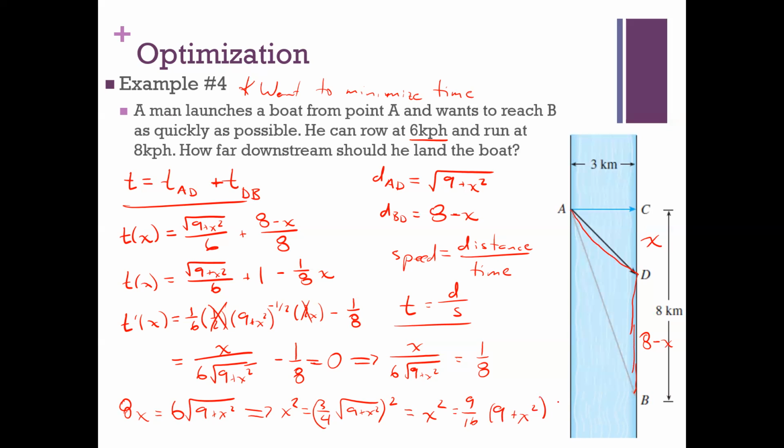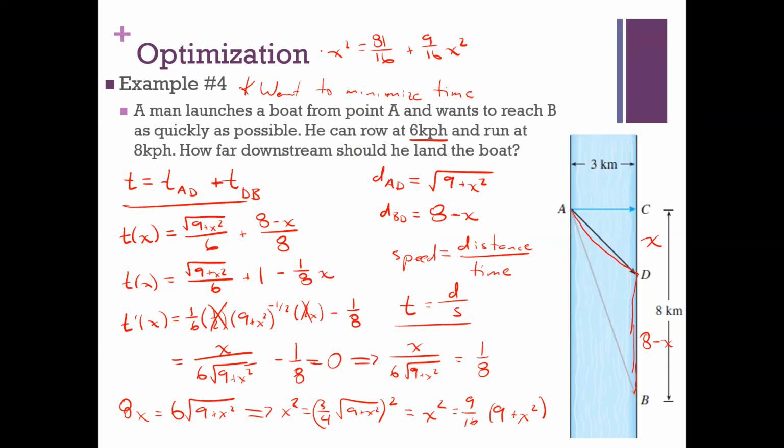I am out of room. So it's going to look really weird, but I am going to finish this up in the top of the margin. It becomes x squared equals 81/16 plus 9/16 times x squared.